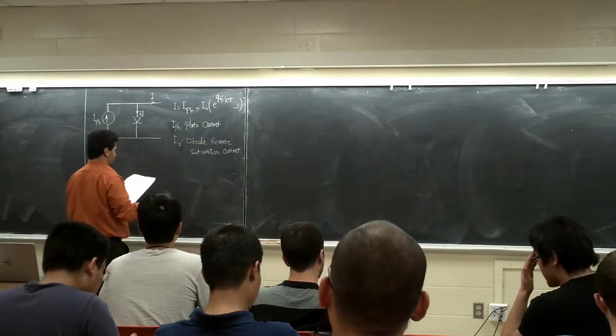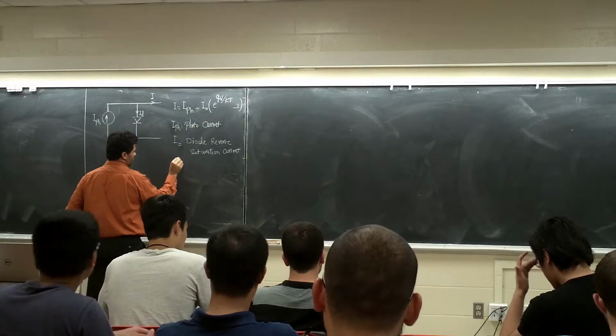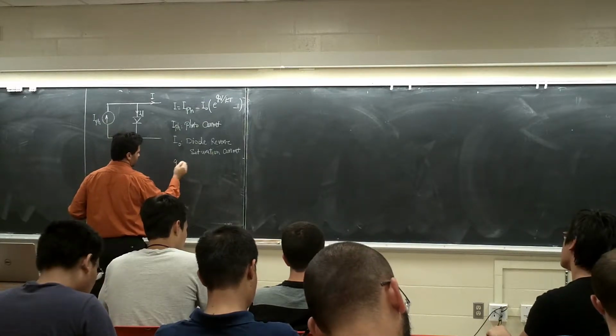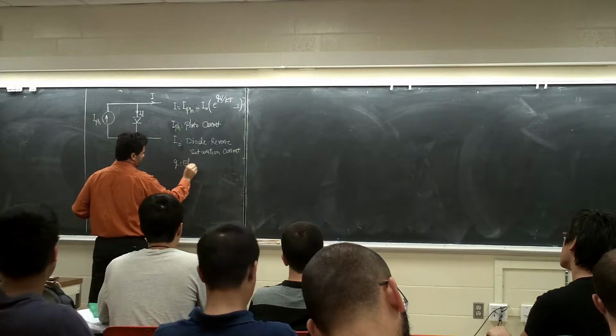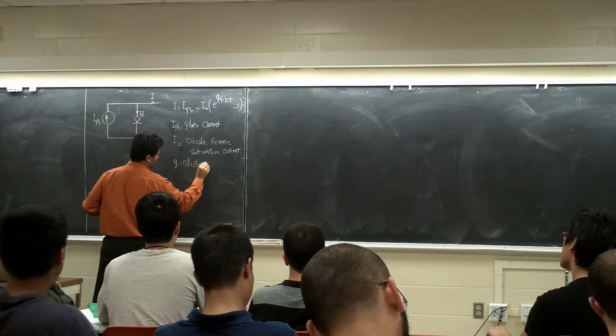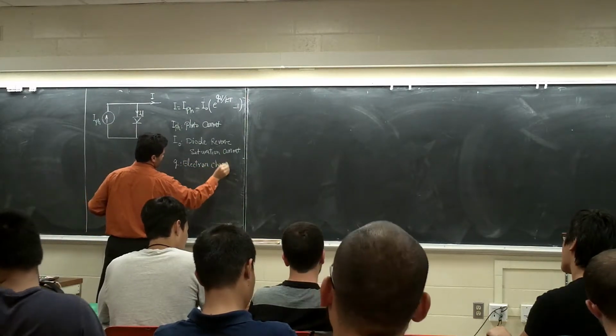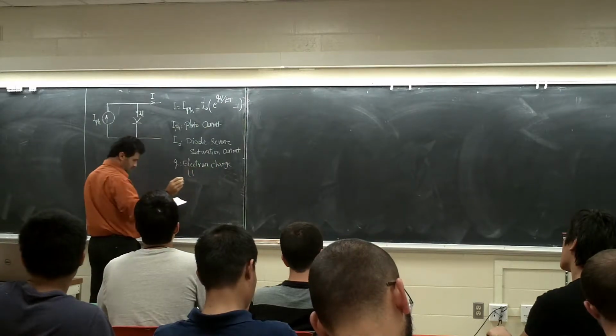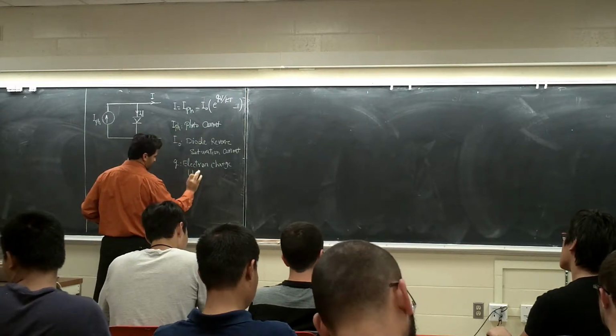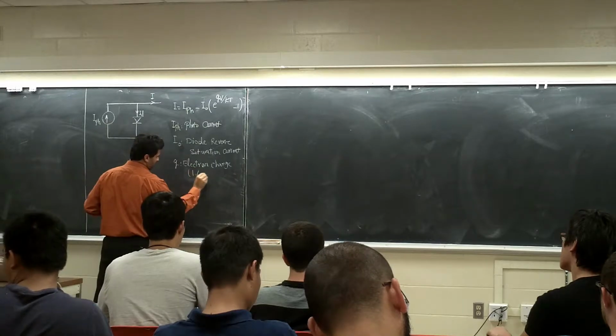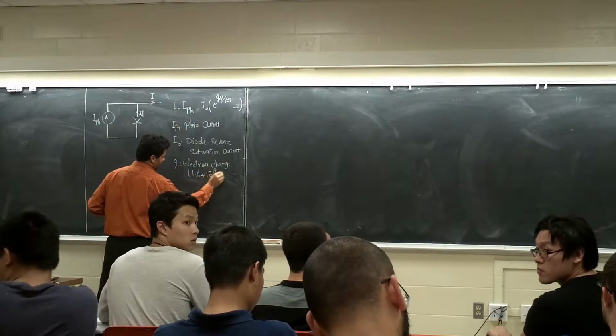Q is the electron charge, which is 1.6 times 10 to the power minus 19 coulomb.